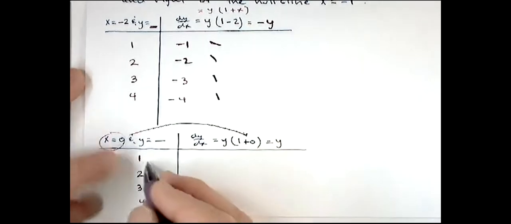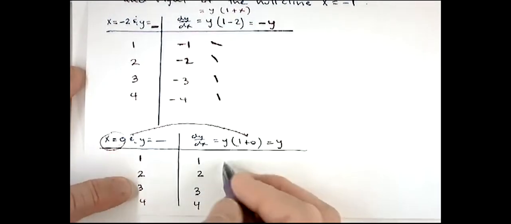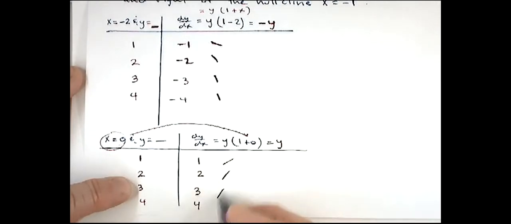It's going to equal whatever my y value is. So if y is 1, my slope is 1, 2, 3, 4. Positive, more positive, even more positive, even more positive.